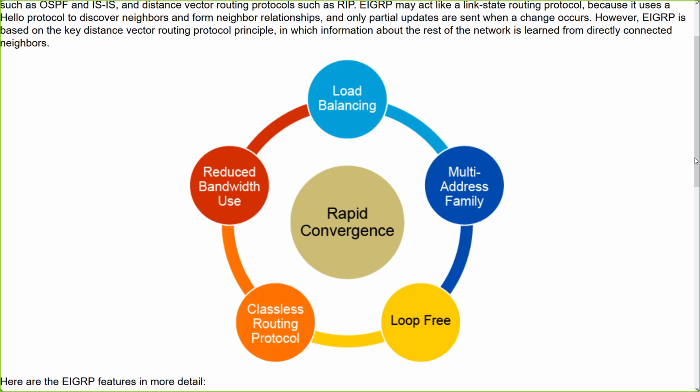Or it tries to confirm, if you will, a second best path. And that second best path is called the feasible successor. Right? But there's a condition that gets checked in order to confirm that that second best path is loop free. And that's called the feasibility condition. We'll probably see it a little bit later on.